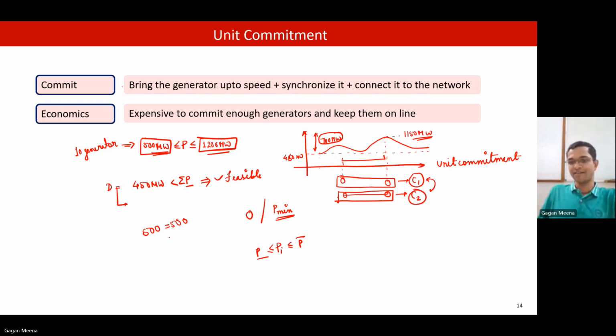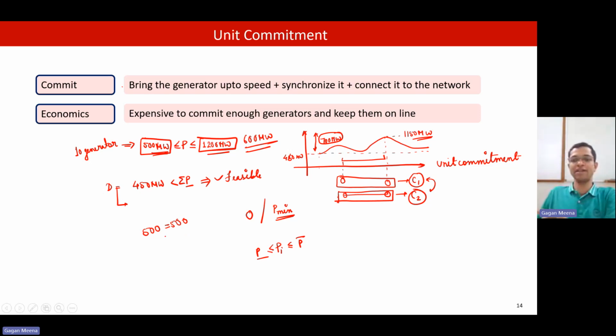But if I am allowed to do such kind of business, then it is possible that one of the generators, which is cheapest, is 600 megawatt rating, and that unit alone can satisfy this entire 500 megawatt demand. Then I can use only one generator, and the rest nine generators are off. Or maybe two, three generators are sufficient to meet this demand of 500.